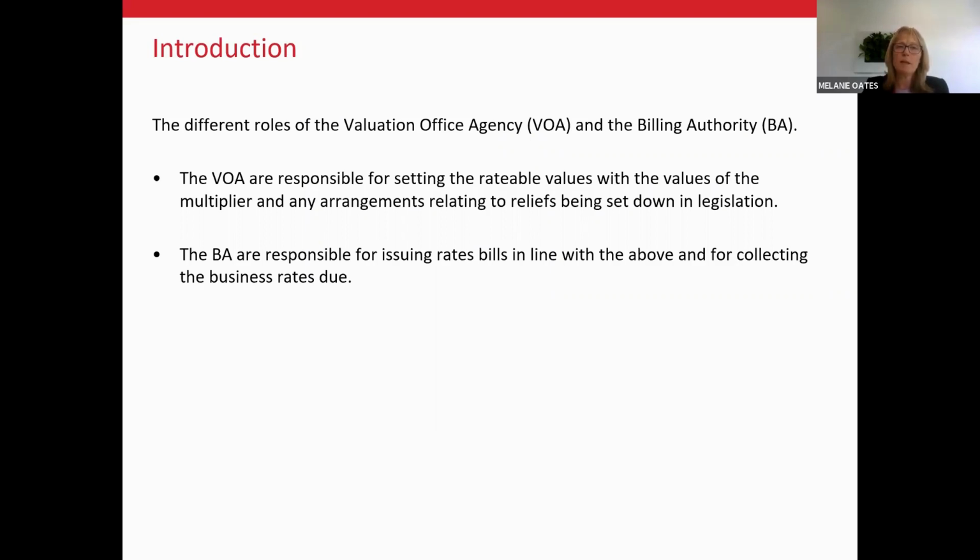The multipliers and any arrangements with regard to reliefs are set down in legislation, but then it's the Billing Authority who issue the rates bills in line with both the rateable value and the multipliers, etc. And the Billing Authority, which is the council, they are also responsible for collecting any of the business rates due. So any valuation matters that you have should be raised with the Valuation Office Agency, and any billing matters should actually be raised with the Billing Authority.